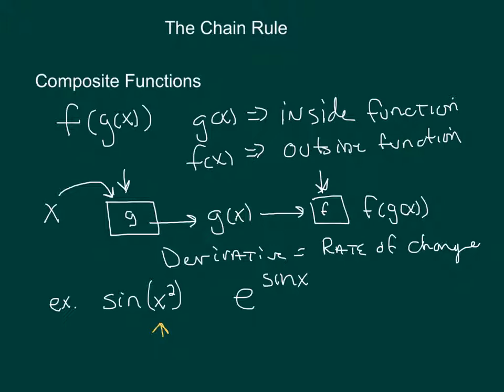So I could put a value in for x, then I would take the sine of that x before e ever acted upon it. So it's really important that you're comfortable with what composite functions are so that you know when to use the chain rule. So let me tell you what the chain rule is, and then we'll look at a couple of examples.